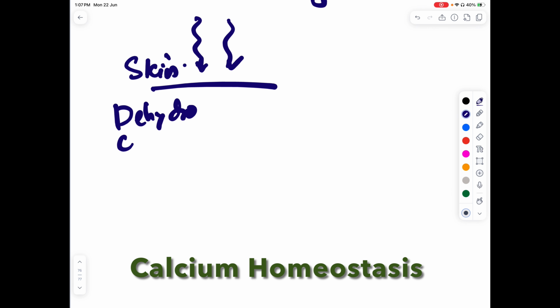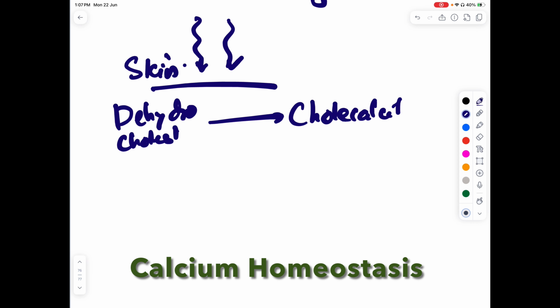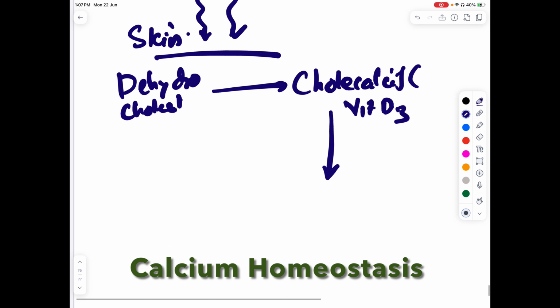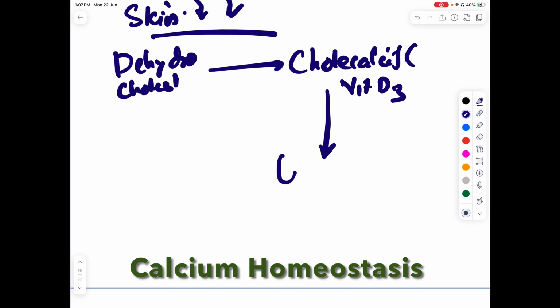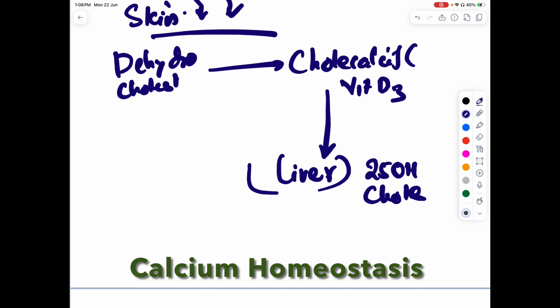This is converted in the liver to 25 hydroxy cholecalciferol, or calcidiol.